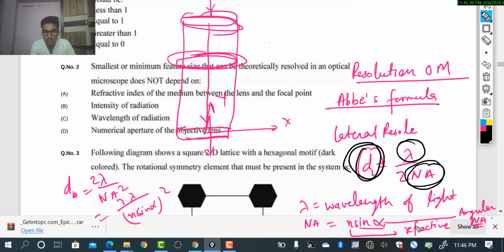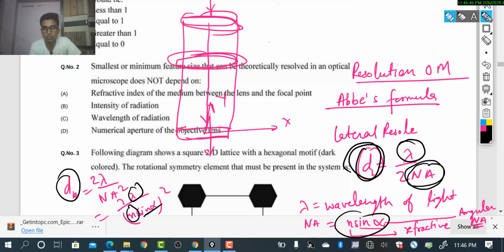The numerical aperture is n sin alpha, so it consists of the refractive index and the angular position.